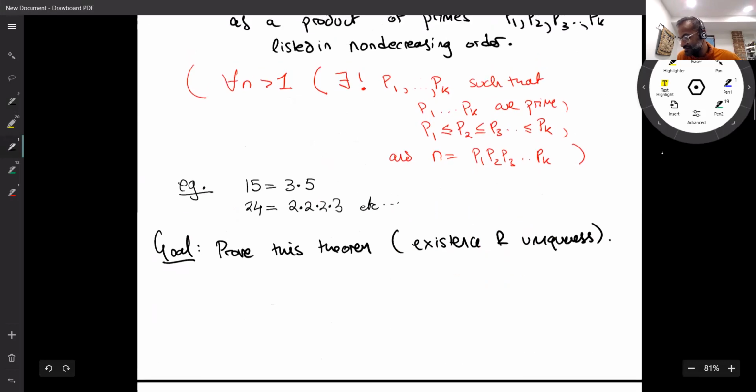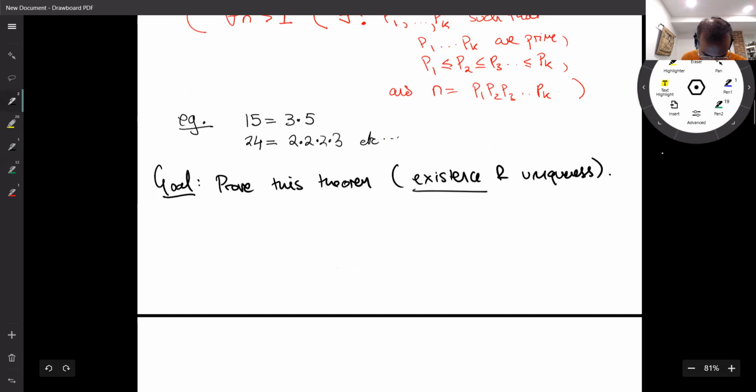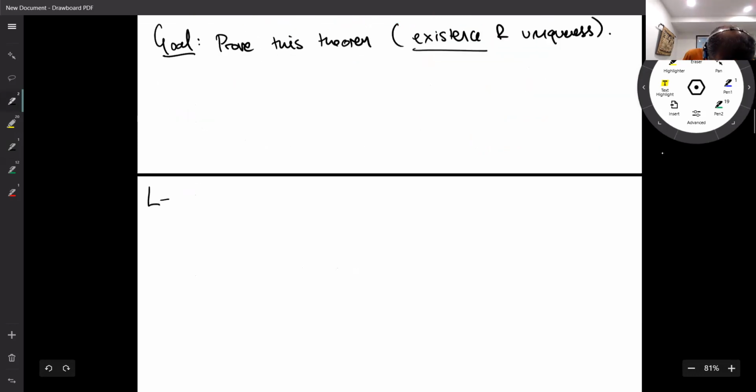Okay, so let's prove this. First we're going to prove existence, which is easier actually. And the key in proving existence is the following proposition, which I'm going to call lemma 1. A lemma is maybe a new word here for us.